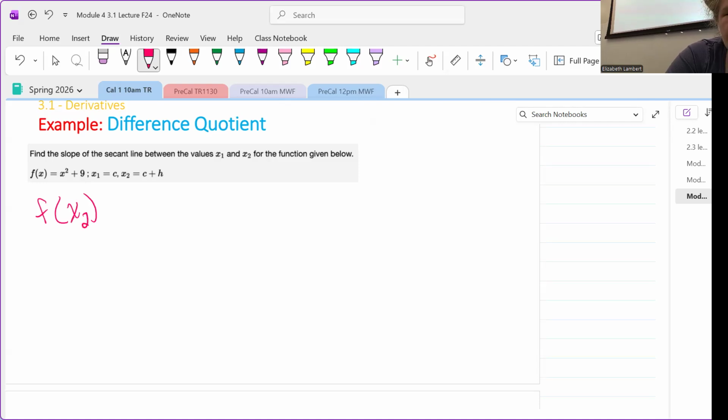All right, so f of x2 is f of c plus h. But our function, f of x, is x squared plus 9.